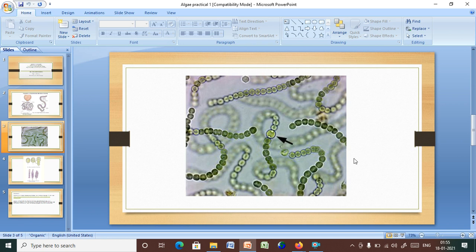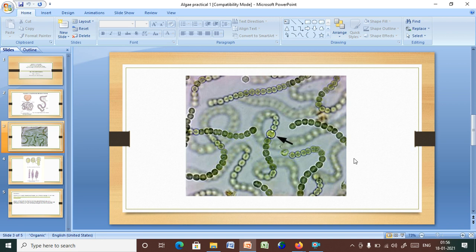Now, the reproductive nature or reproduction of this genus. Usually they follow the mode of fragmentation of the filaments into hormogonia, and each hormogonium on germination develops into a new plant.